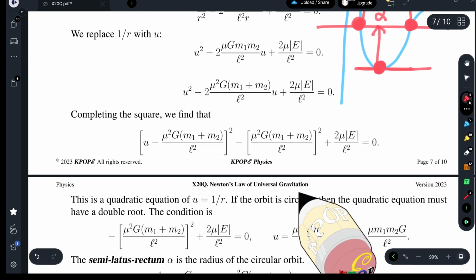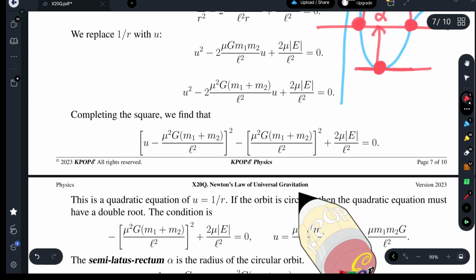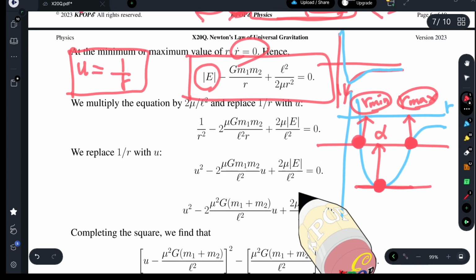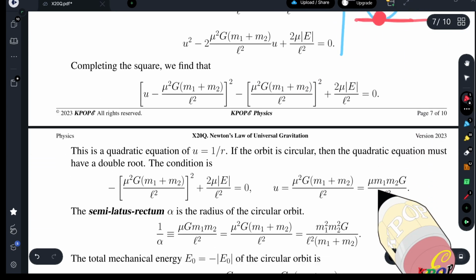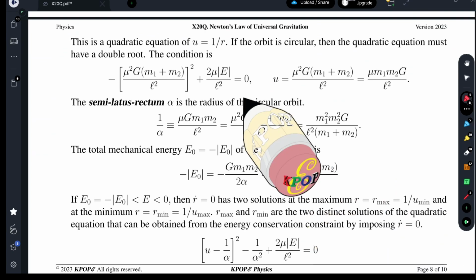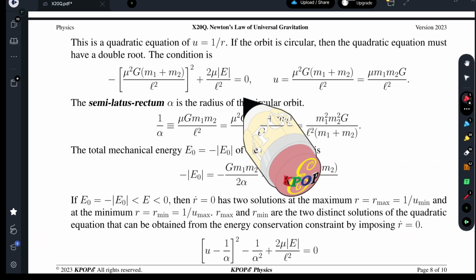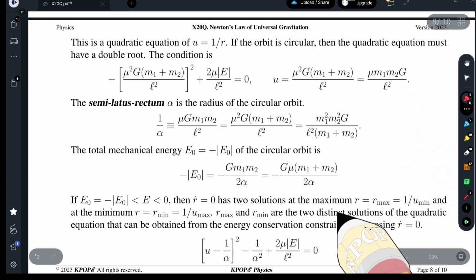A middle school student can solve the quadratic equation, and you find the case at which this quadratic equation has a single solution, that is a double root. The double root appears when the discriminant of a quadratic equation becomes zero.